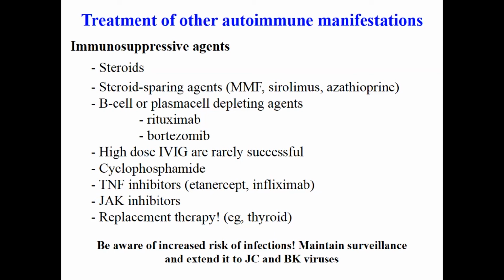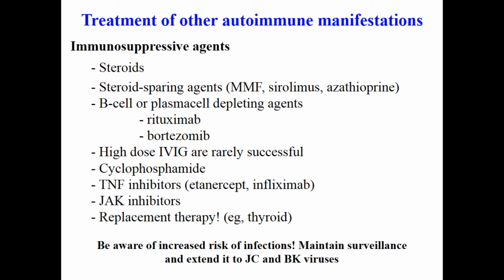Cyclophosphamide is the treatment of choice in case of vasculitis. Patients with inflammatory bowel disease may benefit from TNF inhibitors. JAK inhibitors are being used increasingly, especially in patients with some kinds of immune defects that come with elevated function of JAKs. And replacement therapy is important, especially if you're dealing with hypothyroidism.